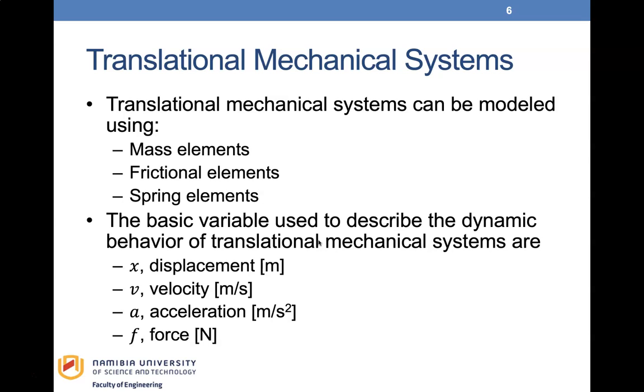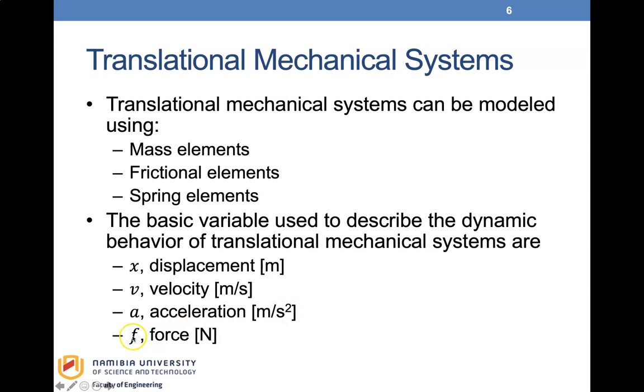So the translational mechanical systems can be modeled using the mass elements, the frictional elements, or the spring elements. The basic variables used to describe the dynamic behavior of translational mechanical systems are the displacement, which is x in meters, the velocity v in meters per second, and acceleration, which is in meters per second squared.